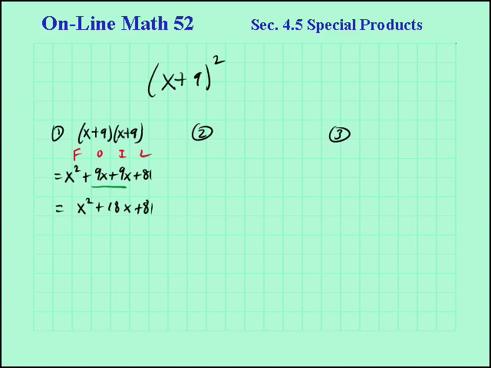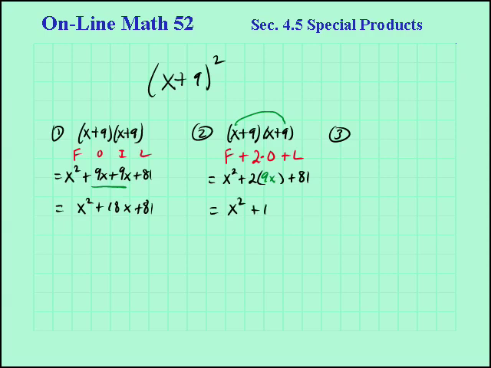The second way, same thing, x plus 9 times x plus 9, is to recognize, because they're exactly the same, F plus 2 times the outer product plus the last. That gets us right away x squared plus 2 times what? What's the outer product? x times 9, or 9x, plus the last, which is 81. Simplifying that middle term, 2 times 9x, of course, is 18x plus 81.